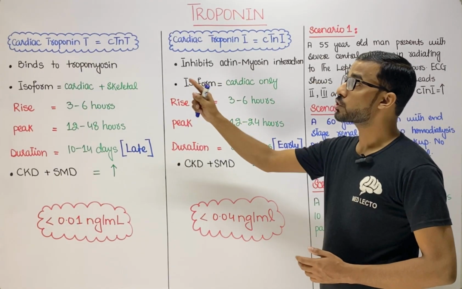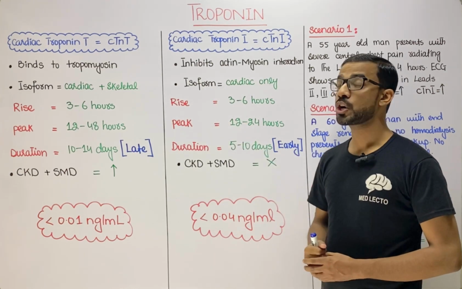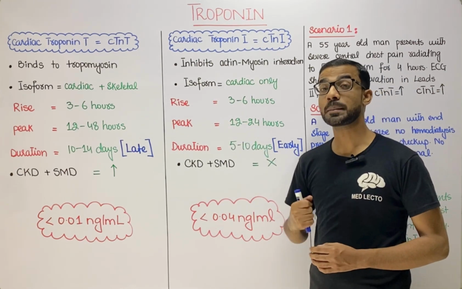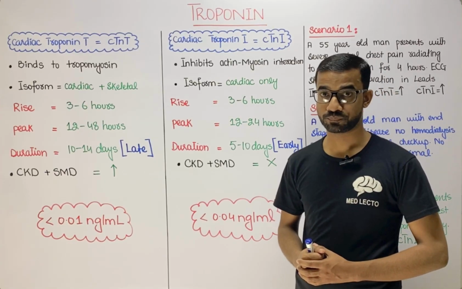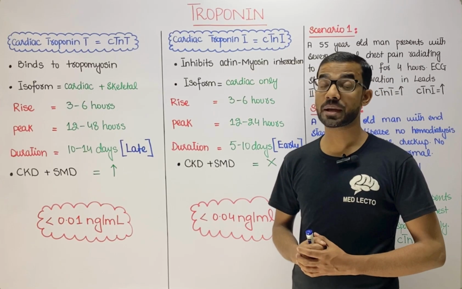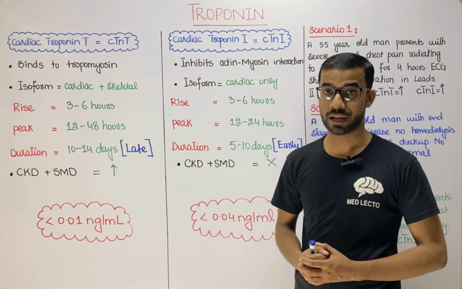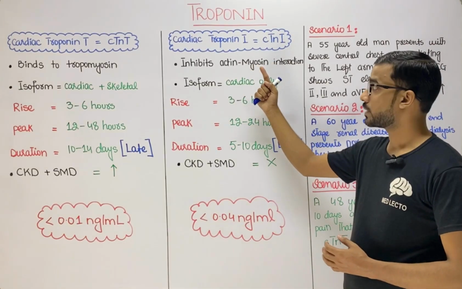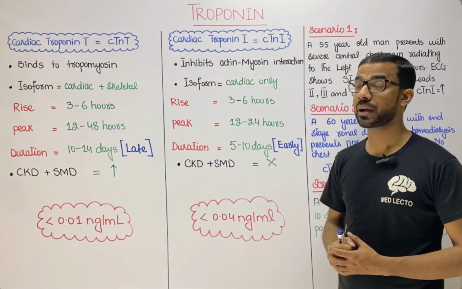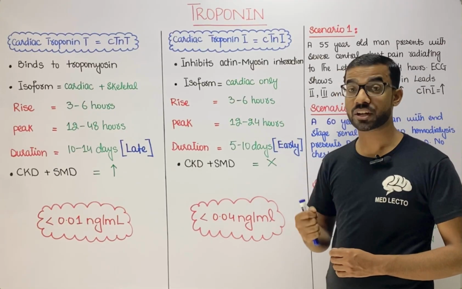Cardiac troponin T binds to tropomyosin, another protein present in the cardiac muscles. It stabilizes the troponin complex with the tropomyosin, while troponin I inhibits the actin and myosin interaction.